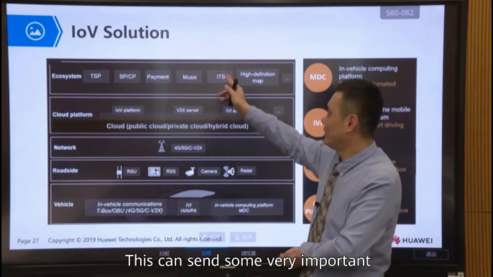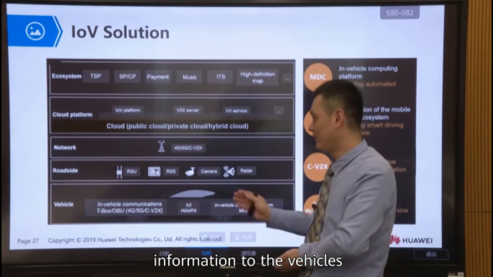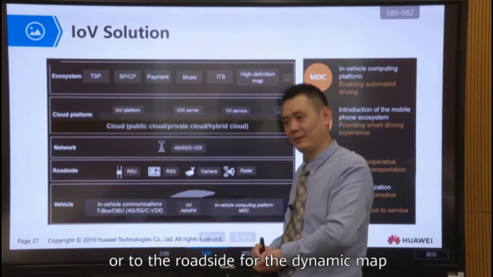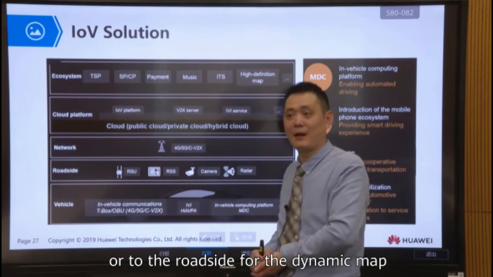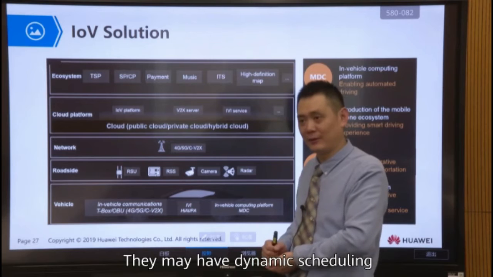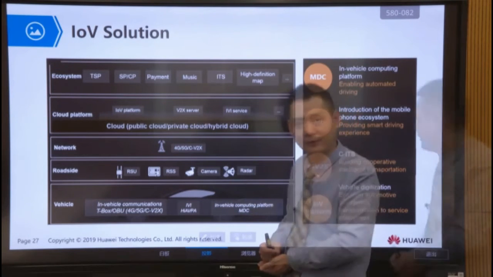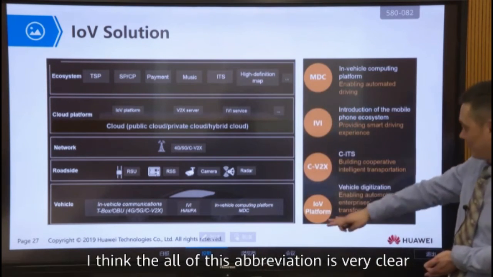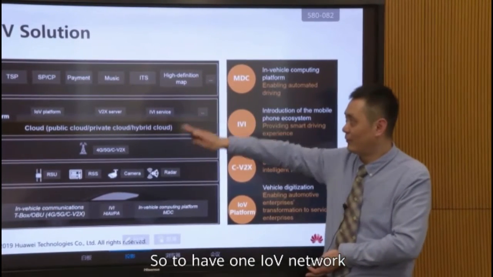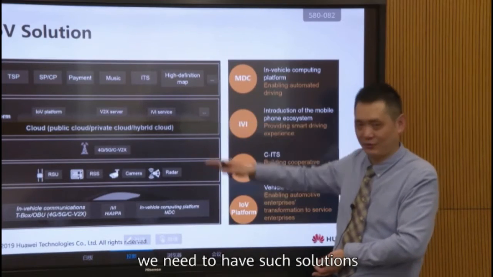And this can send some very important information to the vehicles or to the roadside for the dynamic map. They may have dynamic scheduling, dynamic adjustment for some traffic light. So I think all this abbreviation is very clear. So to have one IoV network, we need to have such solutions.